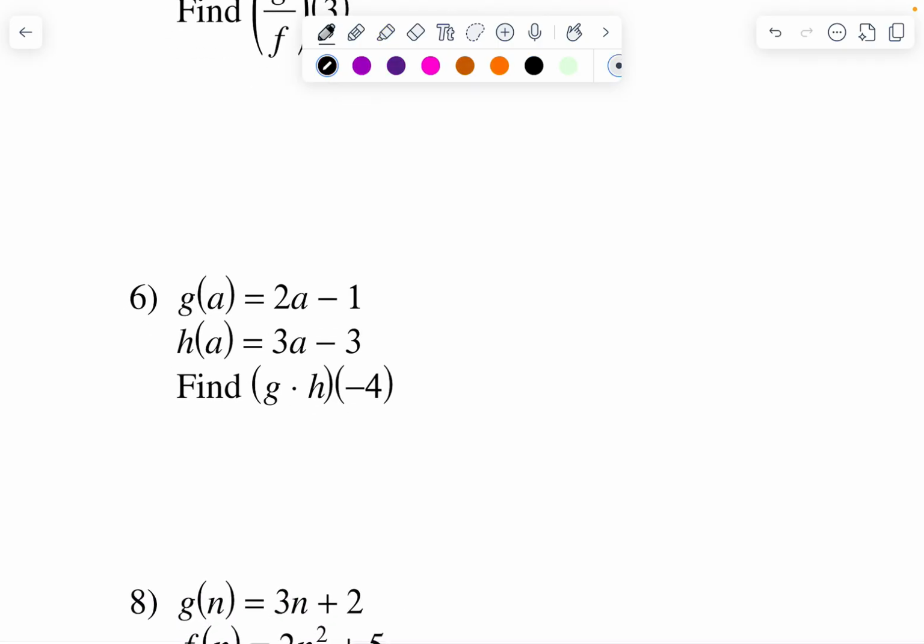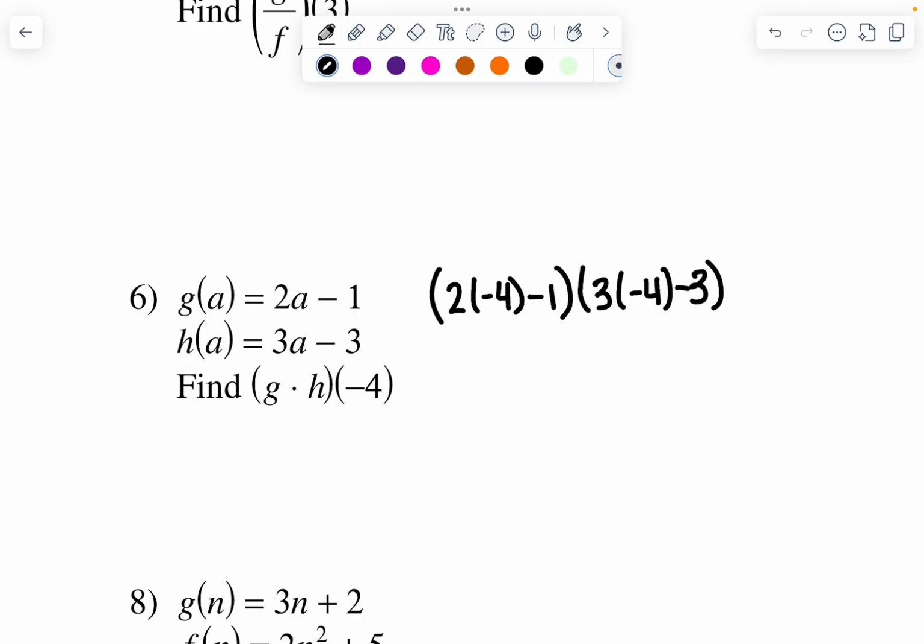All right, number 6, g times h of negative 4. So I'll just do parentheses 2, parentheses negative 4 minus 1, close that parentheses off, do another parentheses, 3 times negative 4 minus 3.